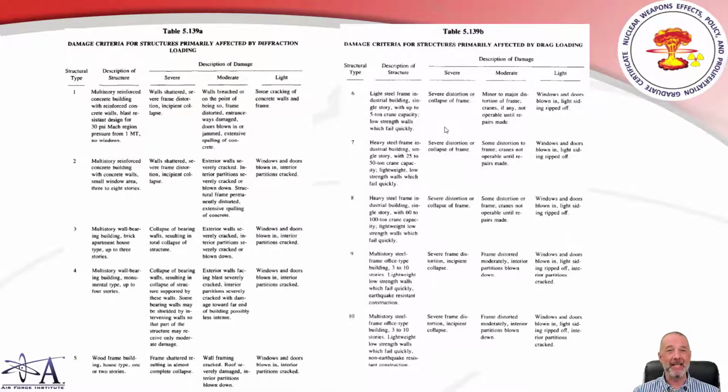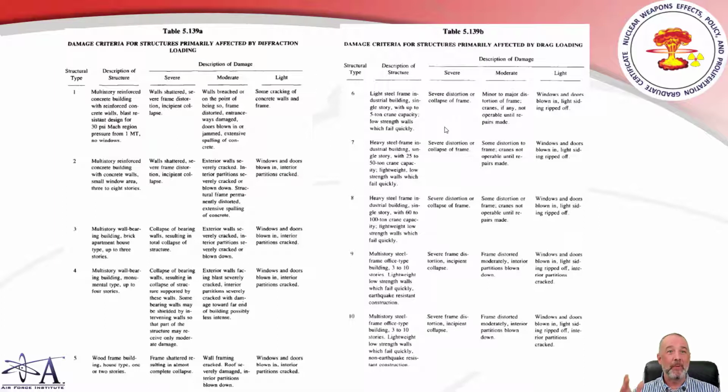And so severe is basically the same as it is for a house. It just gets wrecked. Moderate means that you might have some twisting, some deformation. Maybe it's taken the roof line and pushed it back a bit, so the whole thing is like a parallelogram now. That kind of thing would require some extensive repairs. And then light damage, it says windows and doors blown in.